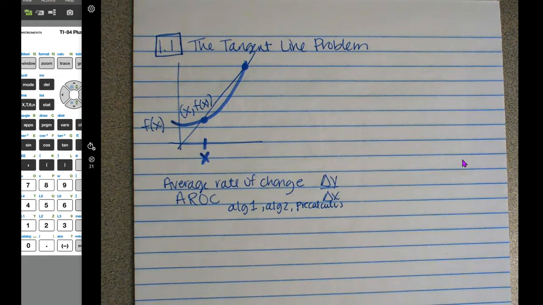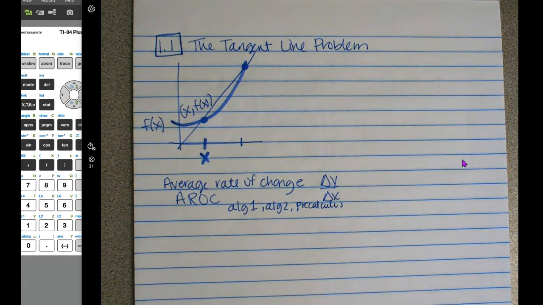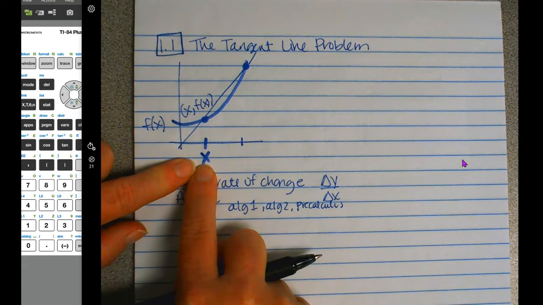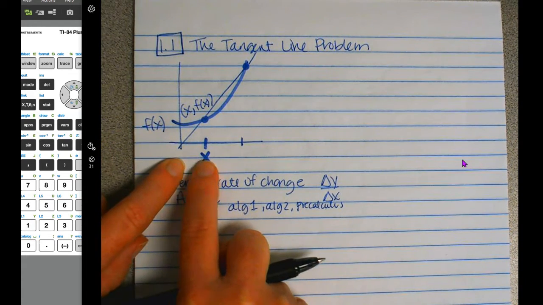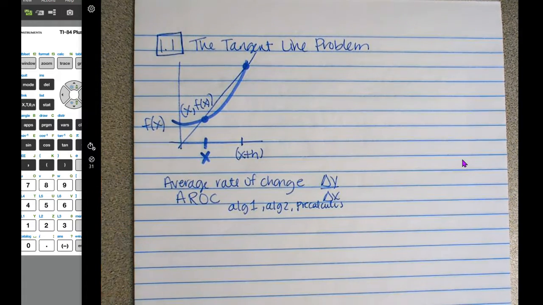The other point, in this example, the other value over here is some distance away. It's an added value. So if I start with this being x, this distance right here, I've added something. I'm going to call this one x plus h. And I'm doing this because in pre-calculus, we use this concept and we've already drawn it on the board.